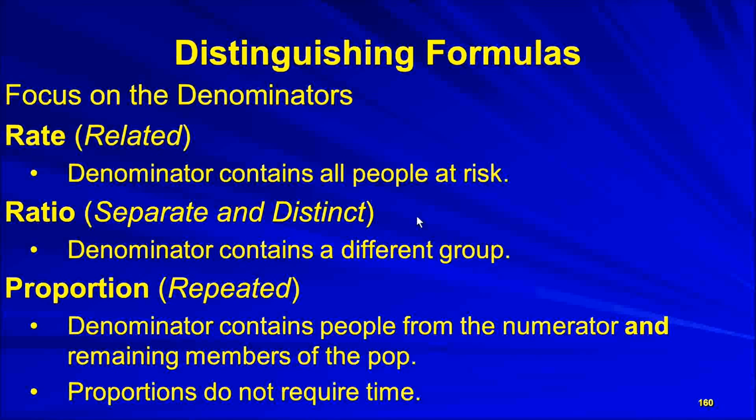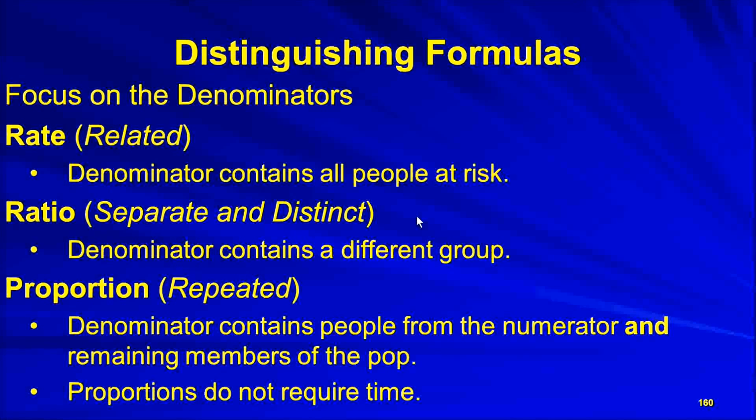You're either male or female. We could argue that from a biological point of view, but I don't want to get into that. But generally, we're saying that if you're a male, you fit into one category, and if you're a female, you fit into another. And in that case, the denominator and numerator are separate and distinct.